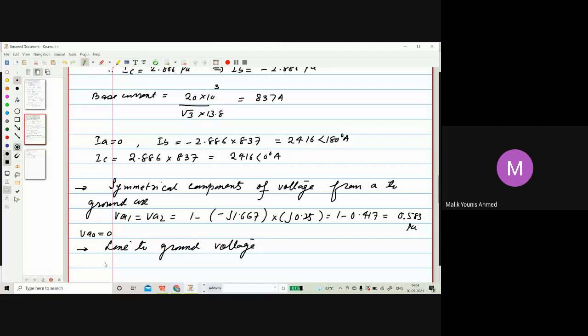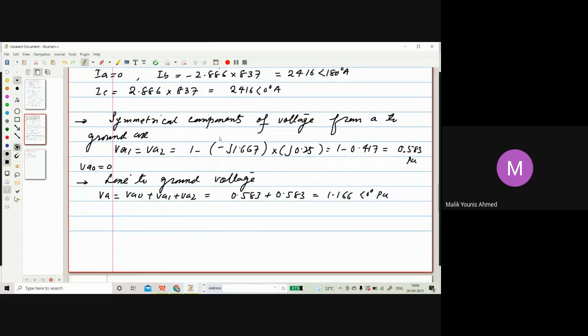Line to ground voltage VA is equal to VA0 plus VA1 plus VA2, and that is 0.583 plus 0.583, that will be 1.166 at an angle of 0. How come we are getting this? VA0 is 0, VA1 we have got, and in case of line to line fault, VA positive sequence is equal to negative sequence, so we can multiply by 2 and we'll get the value.